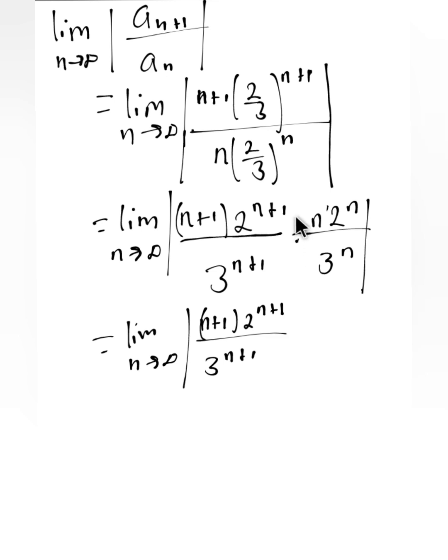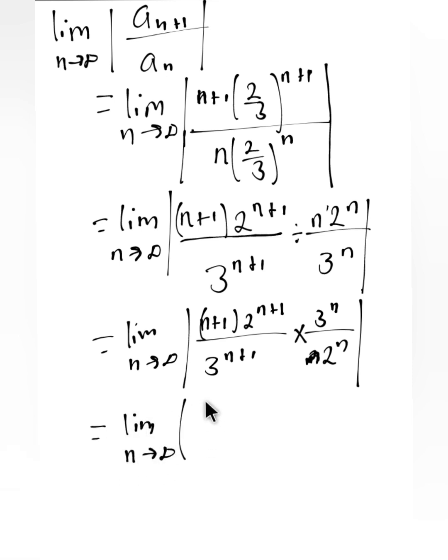Now we can turn this division sign to multiplication, times 3 to the n all over n times 2 to the n. And when you turn the division sign to multiplication, you need to take this denominator up and take the numerator down. Okay, so the next step, we need to simplify this further as n tends to infinity of n plus 1.